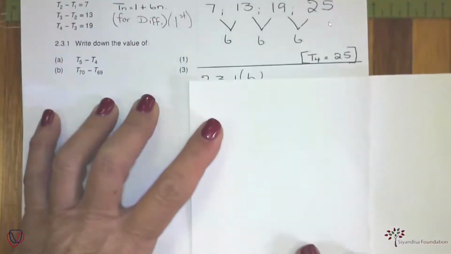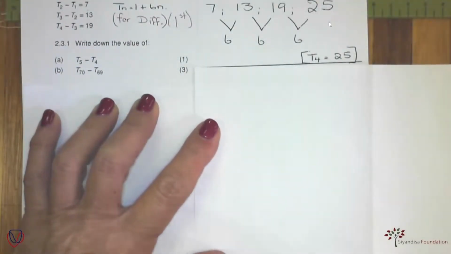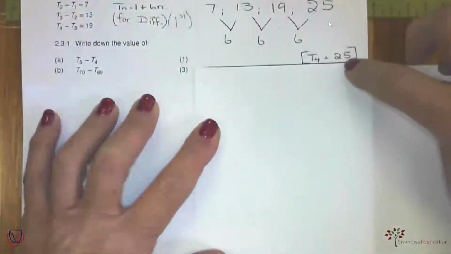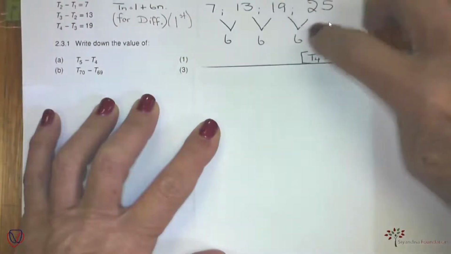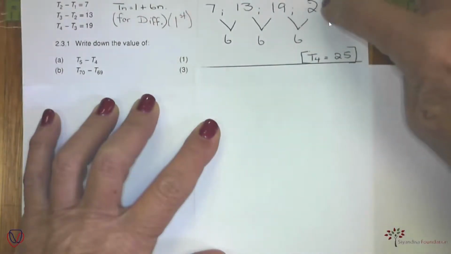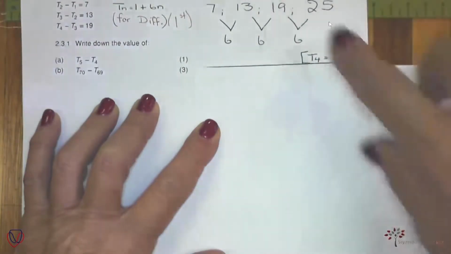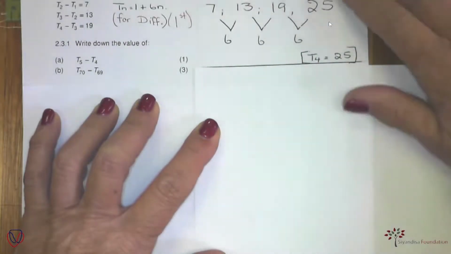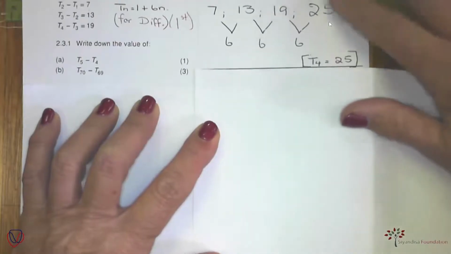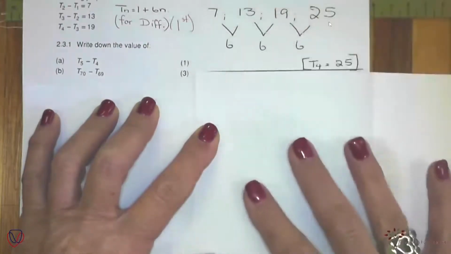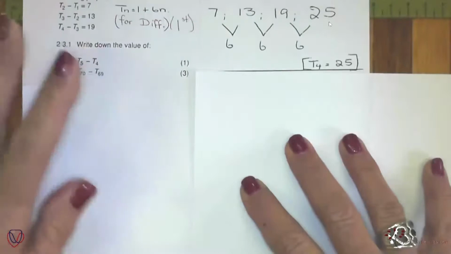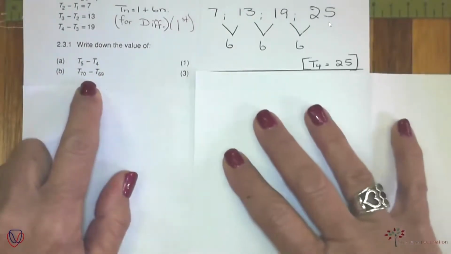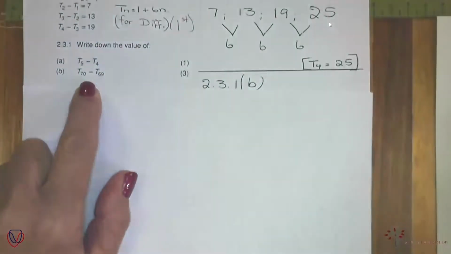And then from there, people, we actually know now that T4 is 25, and we wrote it in there. So T5 will be 31 if you add 6. But 4 terms there is more than enough, okay? So now we've got the second difference also. But this is the question. So let's have a look what we can do about this.